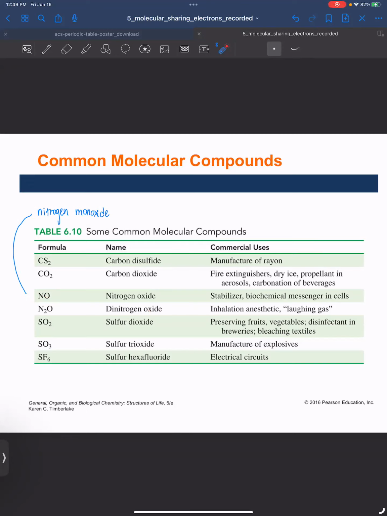Same thing here, dinitrogen monoxide. This nitrogen monoxide is used as a stabilizer and it's a biochemical messenger in cells. Here we have sulfur hexafluoride, and so this is used in electrical circuits. Dinitrogen monoxide is used as laughing gas.